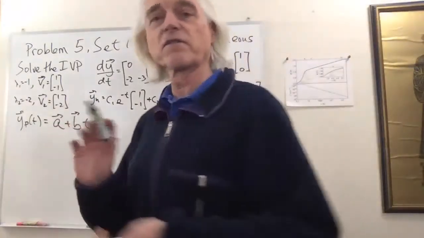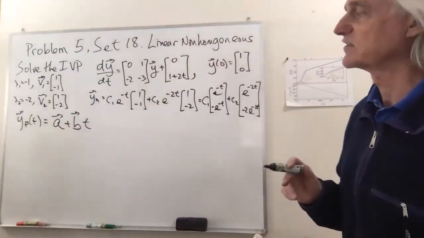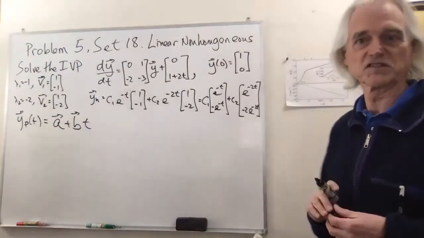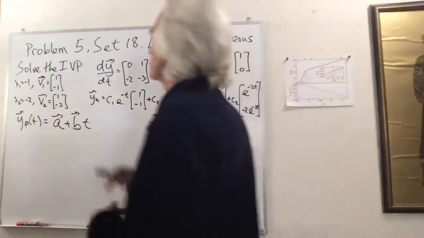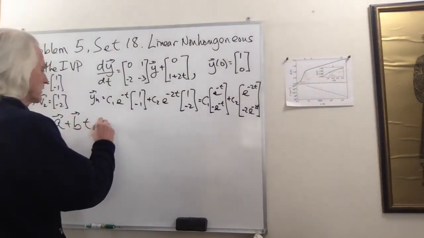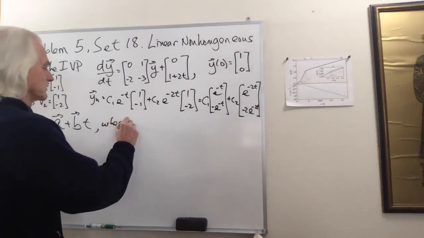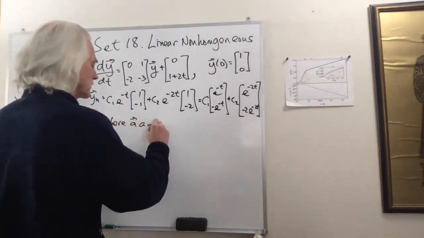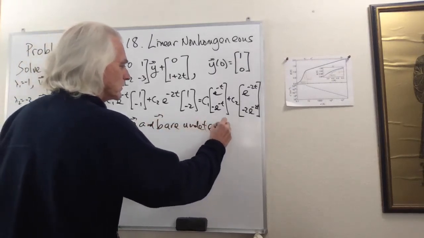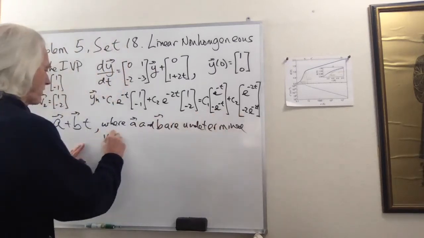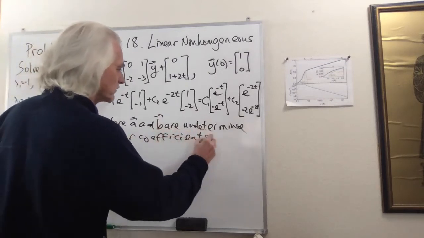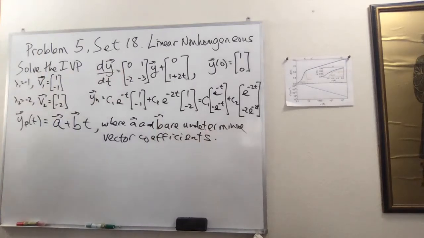If you ever get tested on this stuff, you will be given the hint of what the form of the particular solution is. All right. So we're going to take this where A and B are undetermined vector coefficients, like the undetermined coefficients before, but now they're vectors.